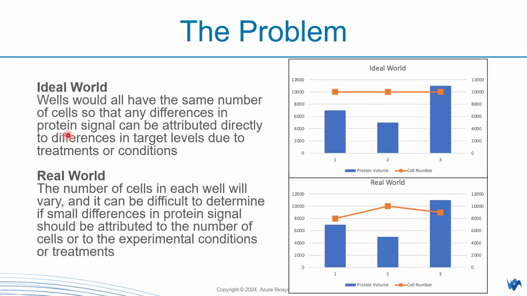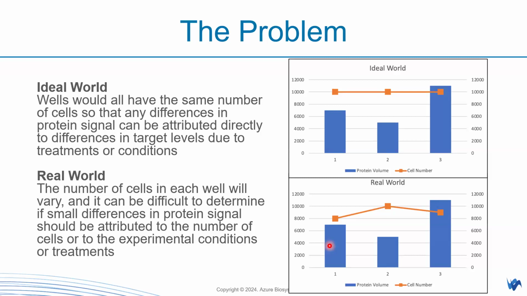Like our Western blot and in-cell Westerns and any other techniques that we use in the laboratory, we do need normalization controls, because in the real world, as much as we try to control the number of cells within the wells, there will definitely be differences, because we are human, we are not robots.